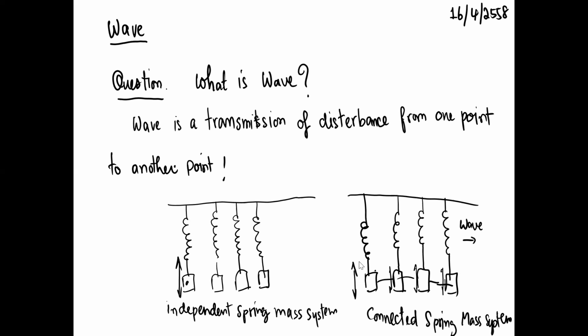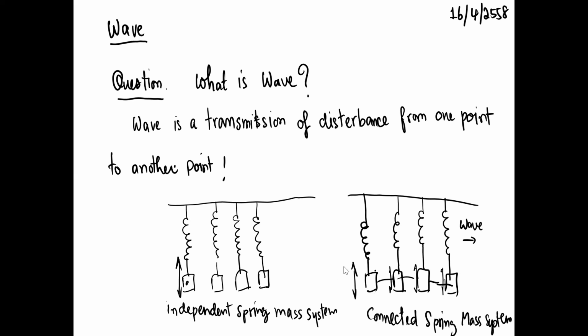what you see is that when it oscillates, the spring that attaches that body to the next one is going to move up and down. And then it will cause the second object to oscillate also, then the third object and the fourth object. And this is the process of a wave.